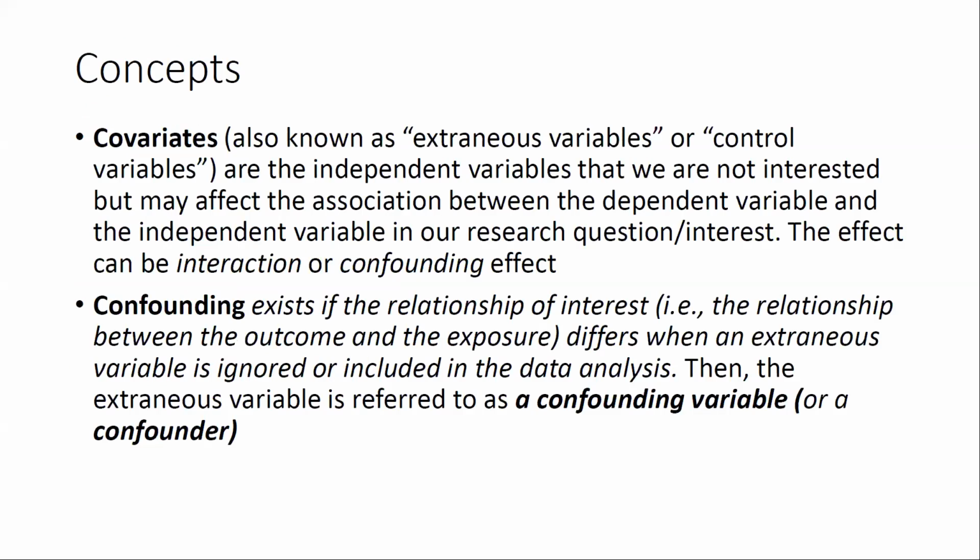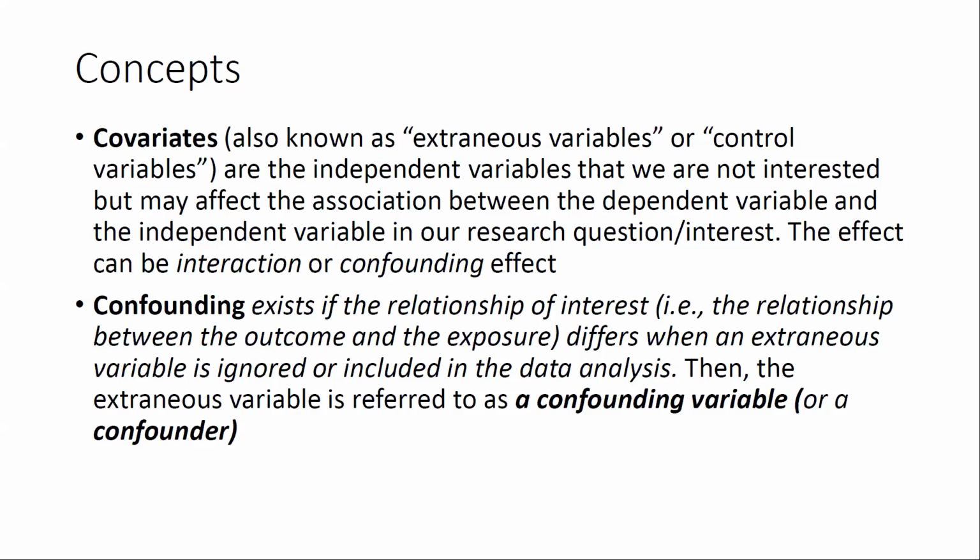First of all, we'll talk about covariates. The covariate is also known as extraneous variables or control variables. So they are independent variables that are not of specific scientific interest, but they can impact a relationship between the dependent variable and independent variable in our research question, or what we call the question of interest.